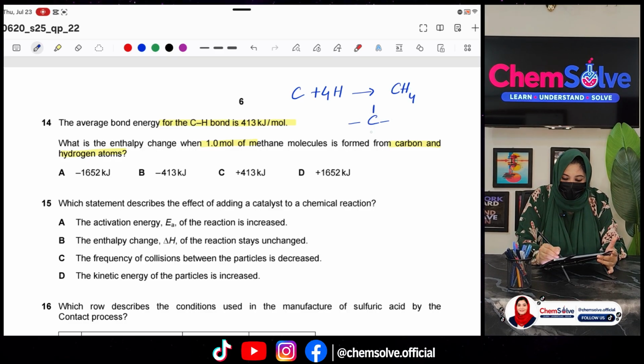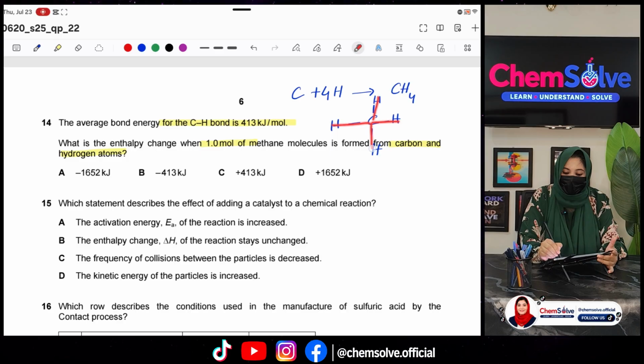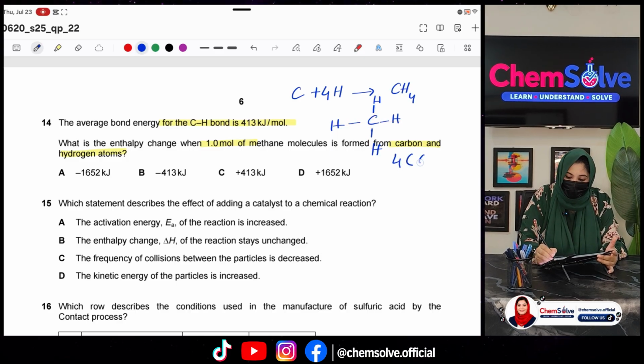Now, if I open all the bonds, you can see it has 1 carbon hydrogen bond, 2 carbon hydrogen bonds, 3rd carbon hydrogen bond, and 4 carbon hydrogen bonds. So there are overall 4 C-H bonds, and the energy for 1 C-H bond is 413.